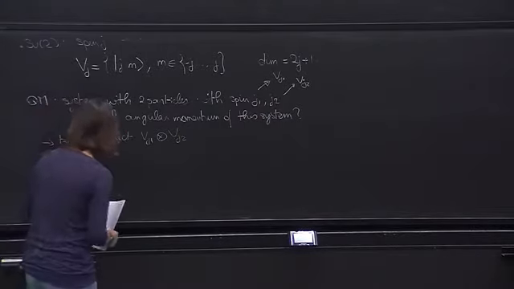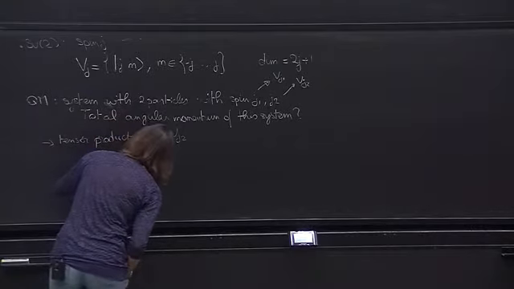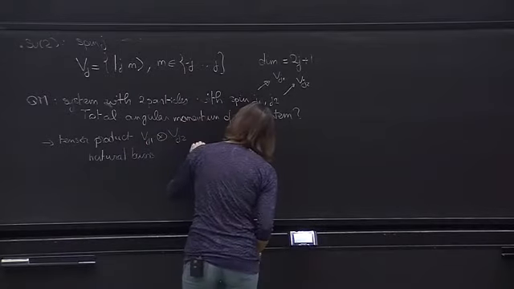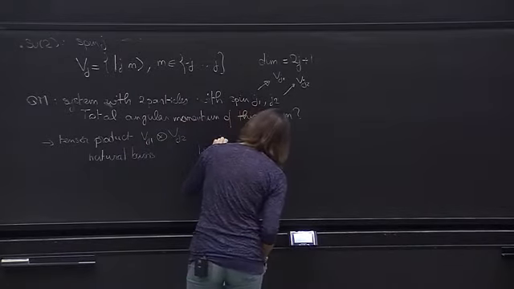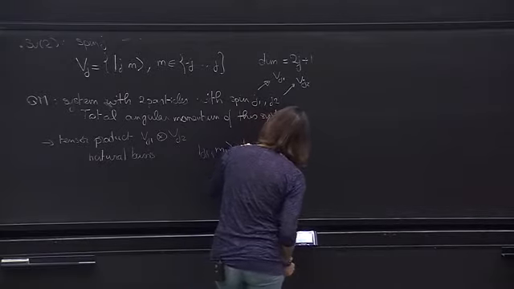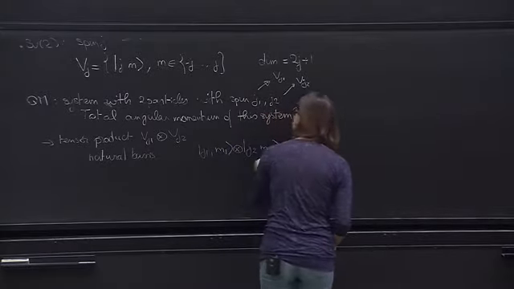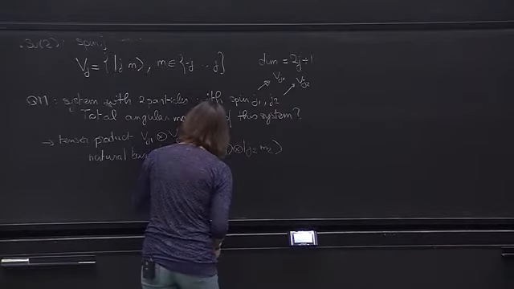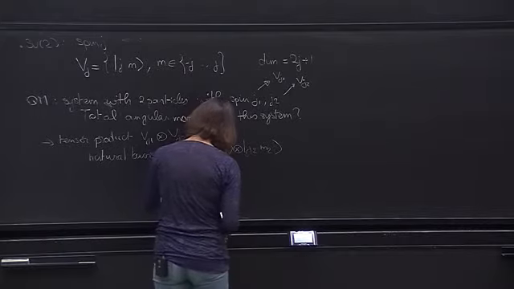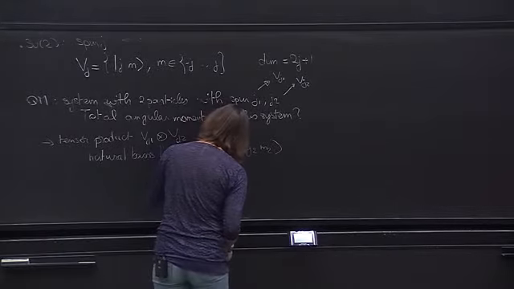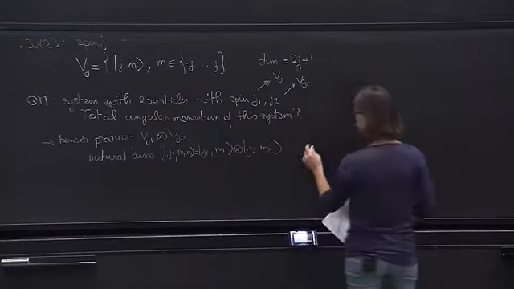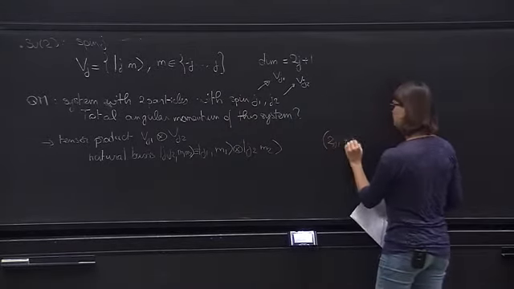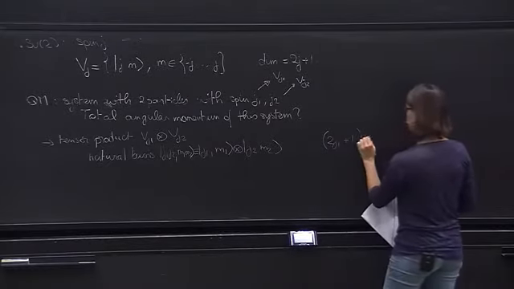A natural basis here will be to take the tensor product of these two vectors, which I can denote like this, depending on all these parameters. So how many vectors do you have here? We have 2j1 plus 1 times the number of the other vectors.